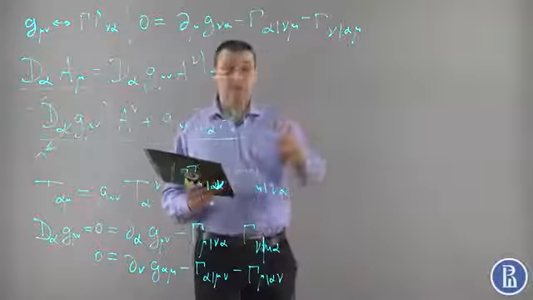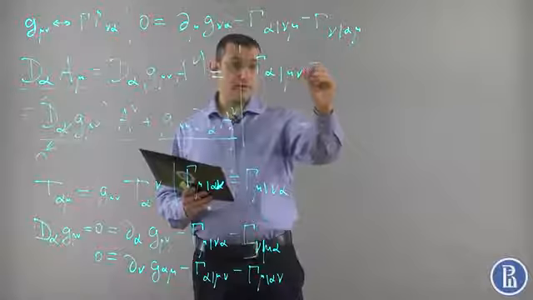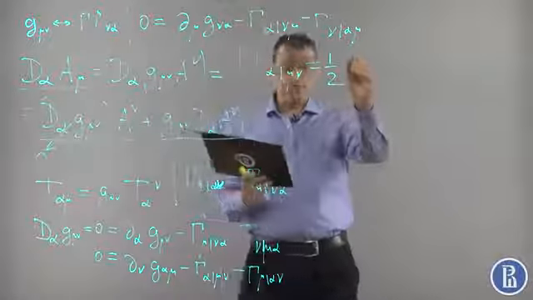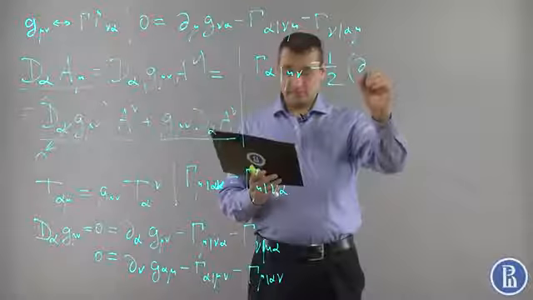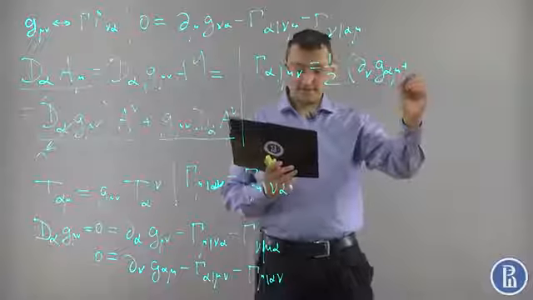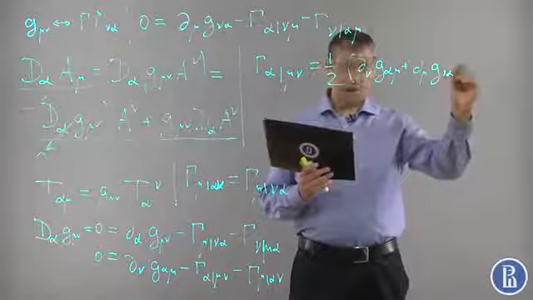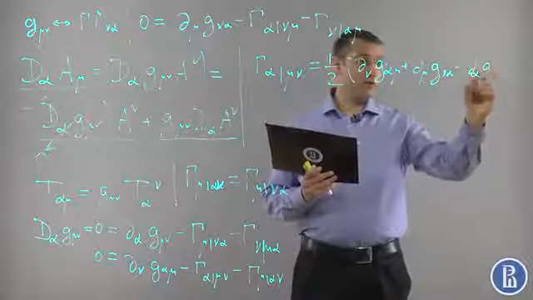Gamma alpha mu nu is nothing but 1/2 of d nu g alpha mu plus d mu g nu alpha minus d alpha g mu nu.